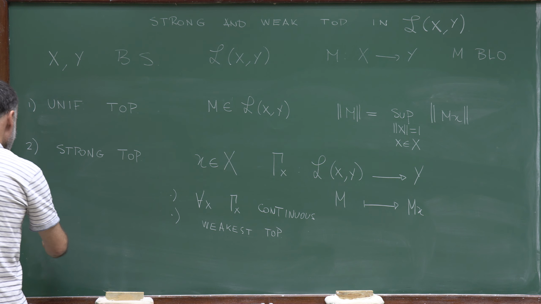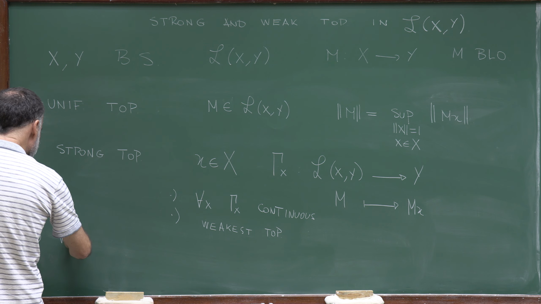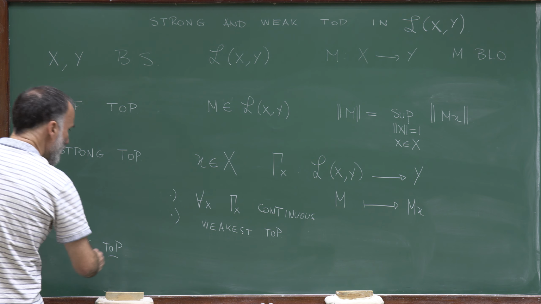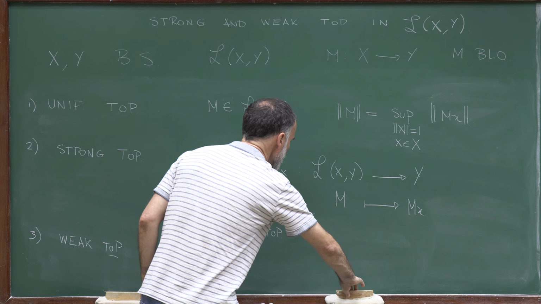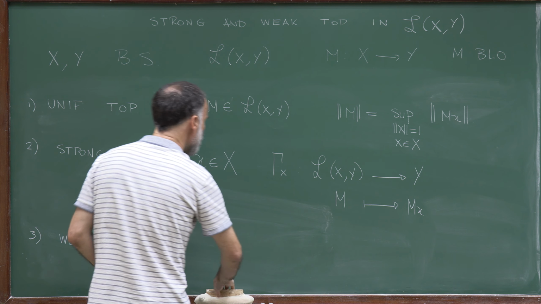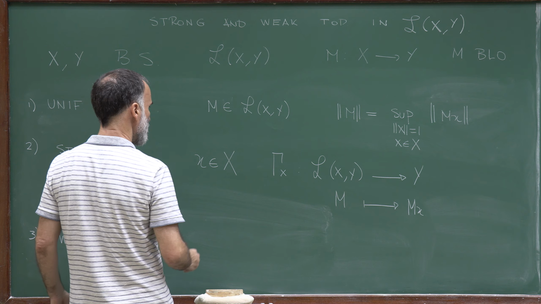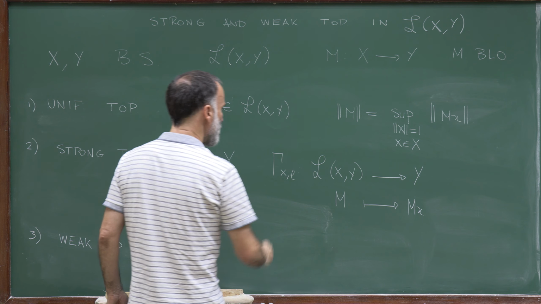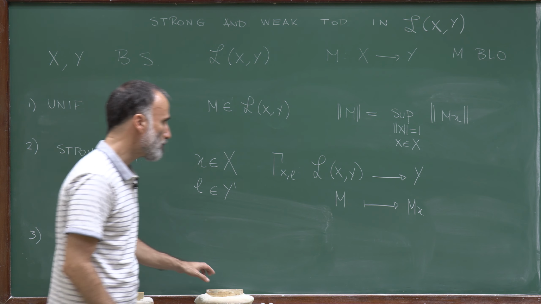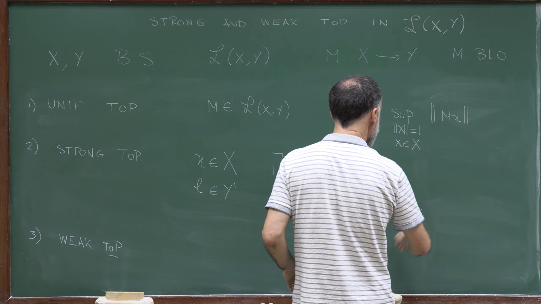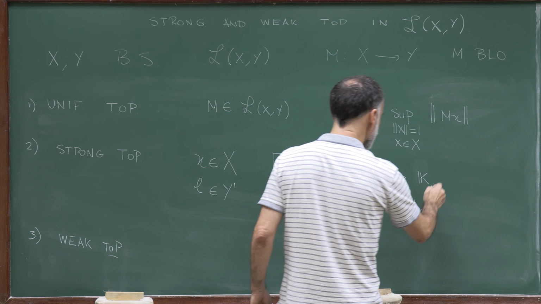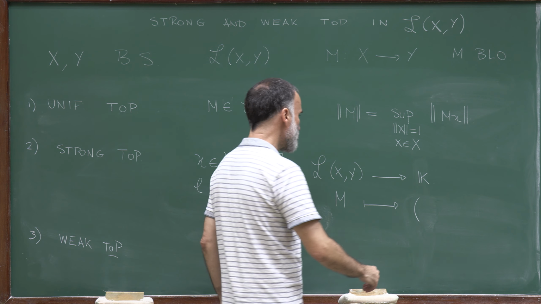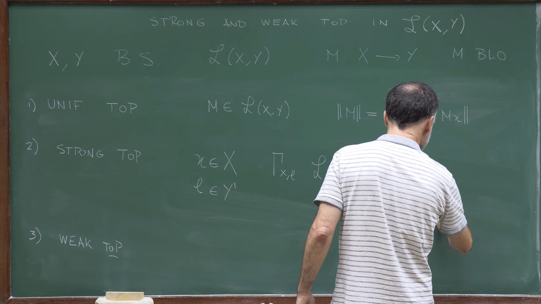So this is the strong topology, and finally we have the weak topology. For the weak topology, instead of taking these functions, now I will fix x in X and L in Y prime, and I will define a functional gamma x,L from L(X,Y) to our scalar set, which we called K. To each M, we associate the value L(Mx).